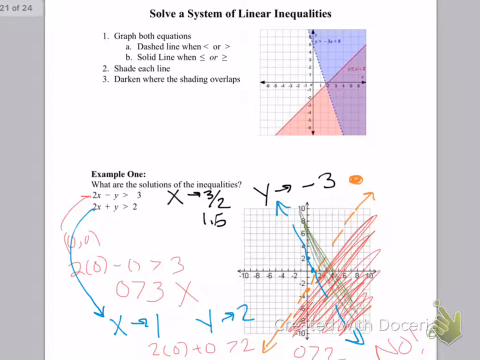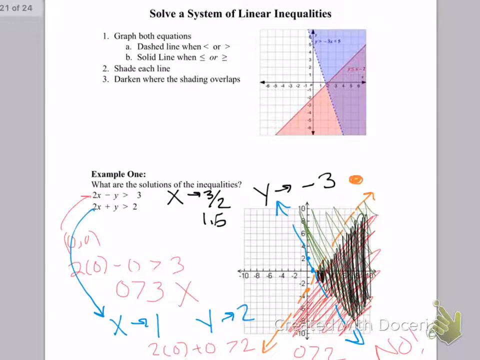So that's this side. And then lastly, we need to see where the shading overlaps. So we're looking for our green and red mix, our little Christmassy mix, and that is right here. So what you want to do is darken it as much as possible, because these are the values that are going to be true for both lines.